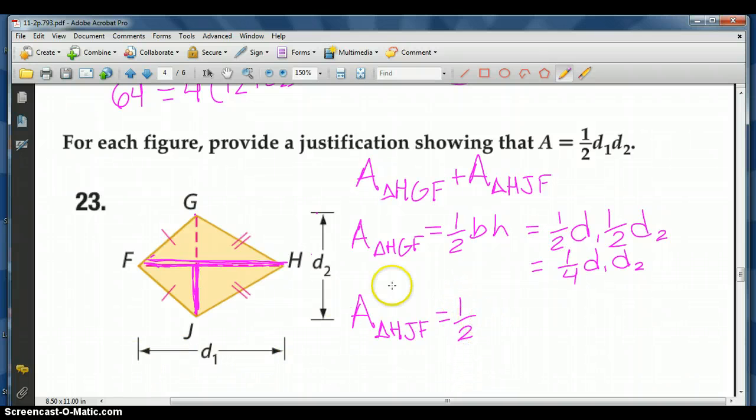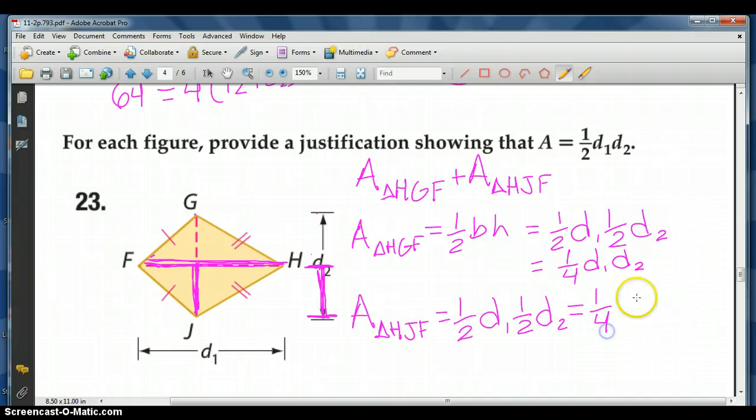So we want to take half of the base, so half of D1 times the height. So the height, once again, would be this length right here, which is half of this entire length. So half of D2, and we get the same thing as we did before. We get 1/4 D1 D2.